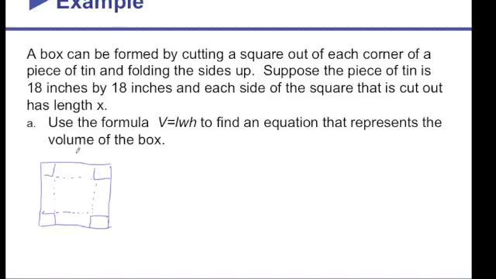This is the bottom. This piece of tin is 18 inches by 18 inches, and each side of the square cut out has a length x. So each of these is an x.